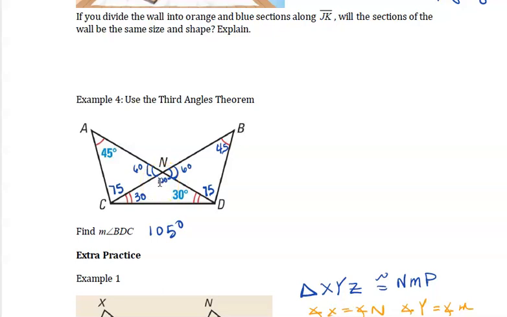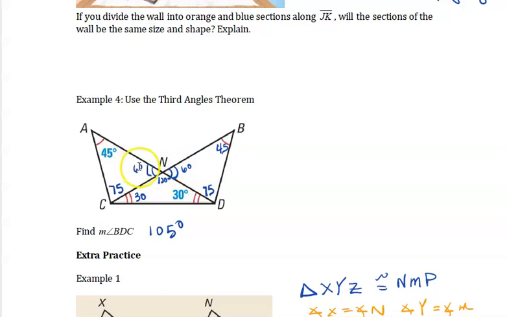Okay, what else do I know? Well, I know this 120 angle and this other angle are a linear pair. Linear pairs sum to 180, so therefore this missing angle is a 60. Because of vertical angles, this angle over here is also a 60. Because see how it's right across the vertex from the other one? So now I have the same situation I had a second ago.